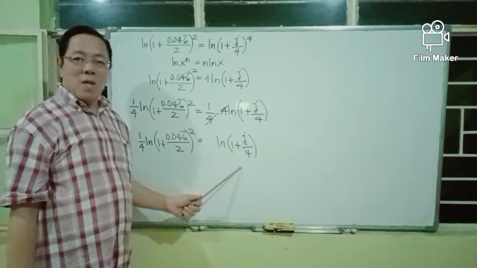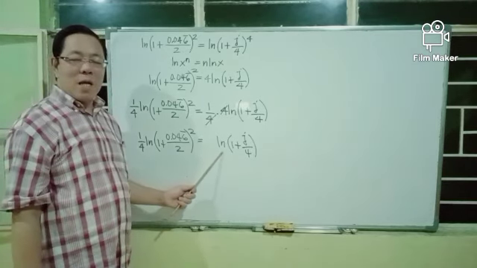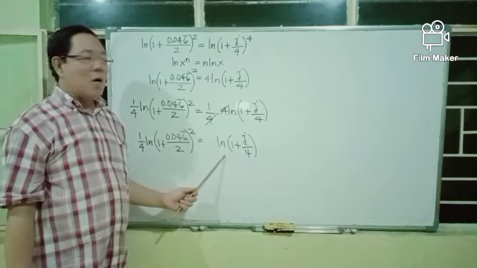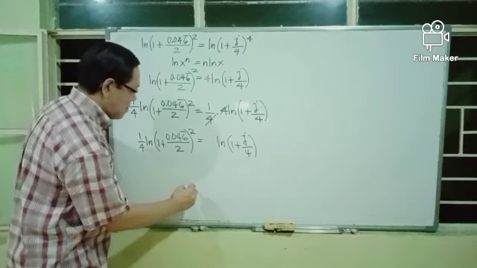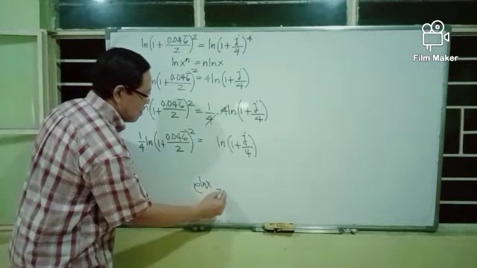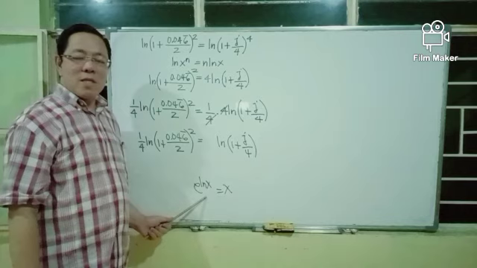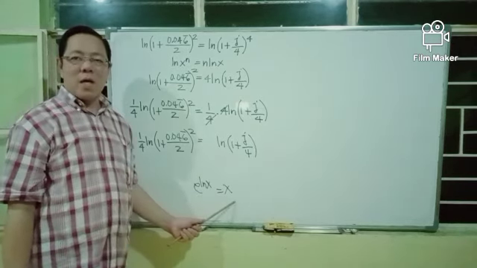For us to have j only at the right hand side, we must start by removing ln from the right hand side. And we apply again another property of natural logarithm. This property of ln says that e to the power ln of x simplifies to x.